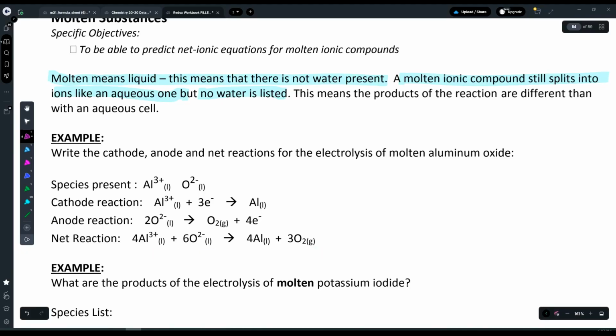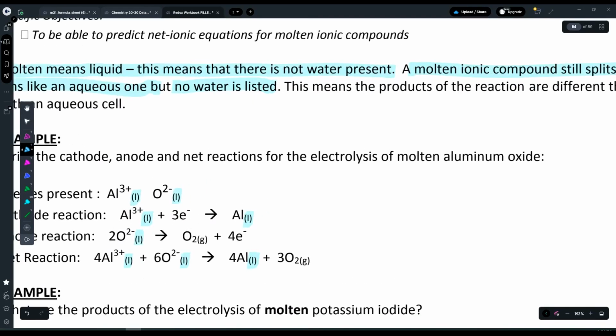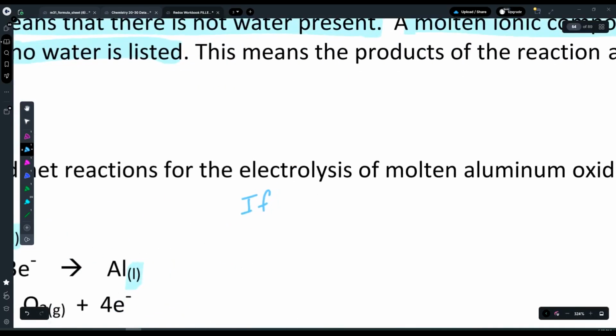Okay, so just notice here that because we have a molten substance, we're using the state liquid. So if you have something whose state is usually aqueous or solid, and you're given a question where it's like, hey, the substance is actually molten, then you need to write it as a liquid.